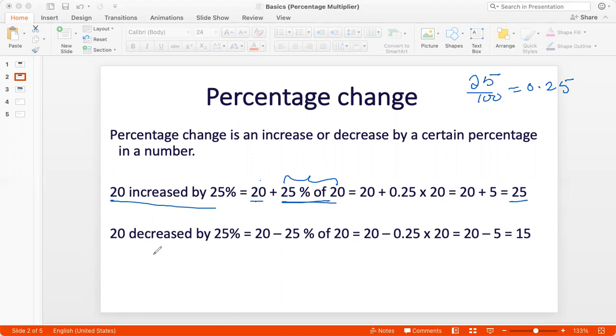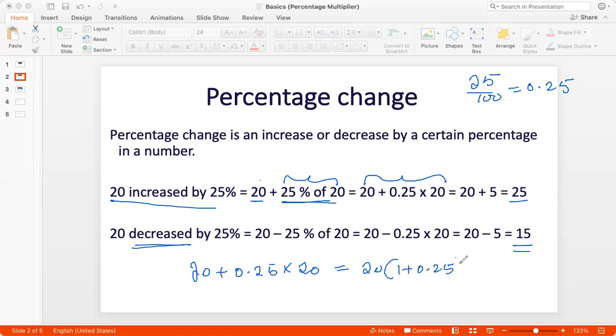What if I were to decrease 20 by 25%? I would do the same thing, except this time I would use a negative sign, 20 minus 25% of 20, which translates to 15. Now, if you notice this expression, 20 plus 0.25 into 20, if I take 20 common, I can write this as 20 times 1 plus 0.25, which is 20 times 1.25.